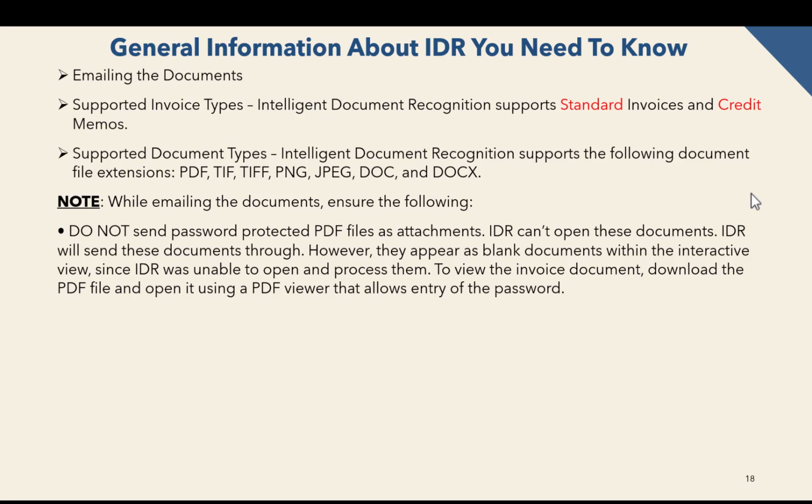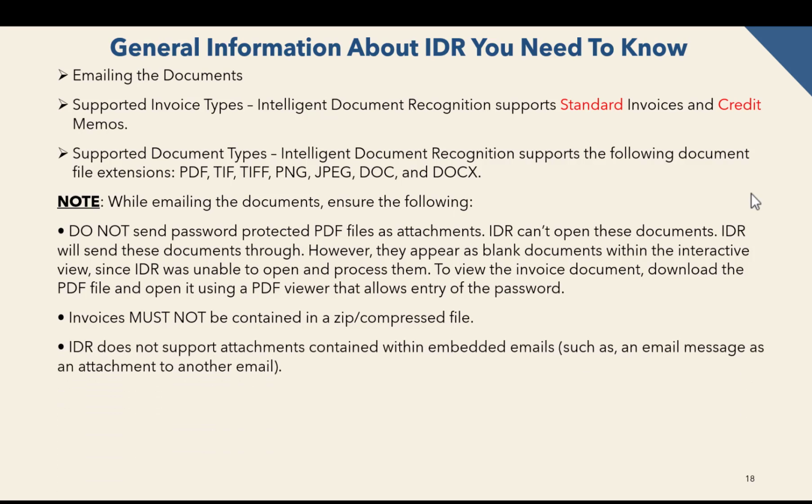To view the invoice document, you have to download the PDF file and open it using a PDF viewer that allows entry of the password. Invoices must not be contained in a zip or compressed file. IDR doesn't support attachments contained within embedded emails, such as an email message with an attachment to another email.